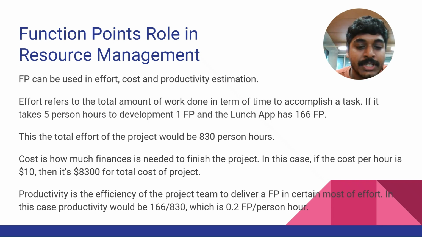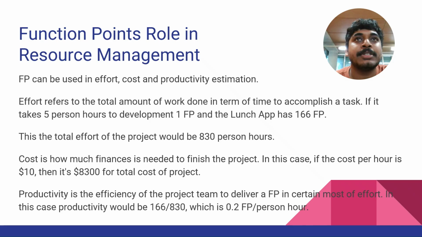Productivity is the efficiency of the team to deliver a FP in a certain effort. In this case, productivity would be 166 divided by 830, which is 0.2 FP per person hour.